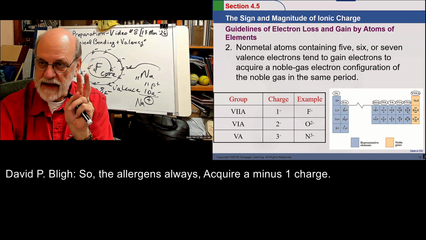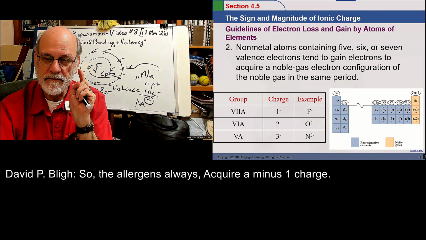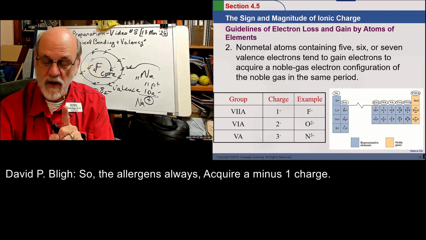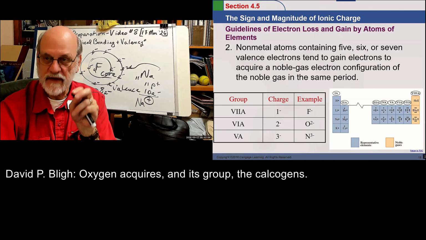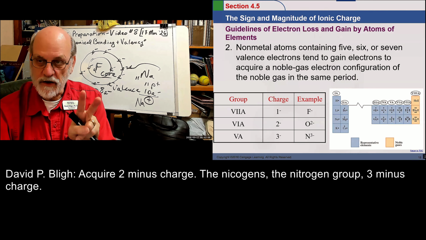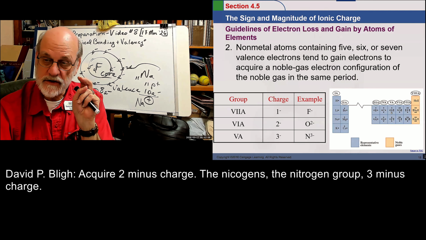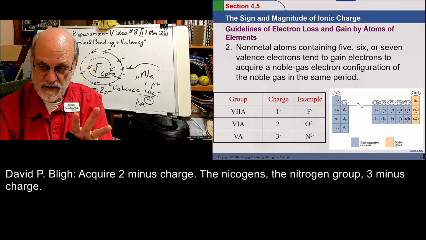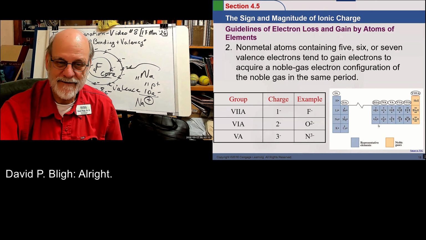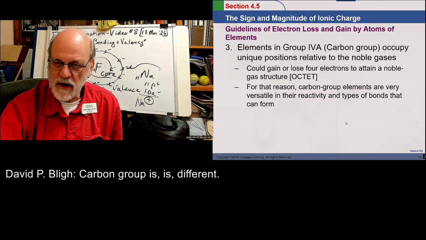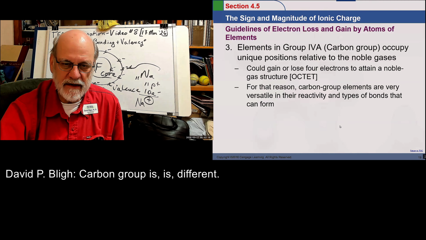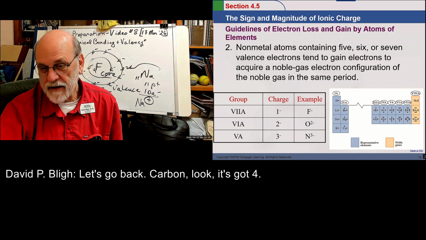So the halogens always acquire a -1 charge. Oxygen, and its group, the chalcogens, acquire a 2- charge. The nitrogen group, 3- charge.